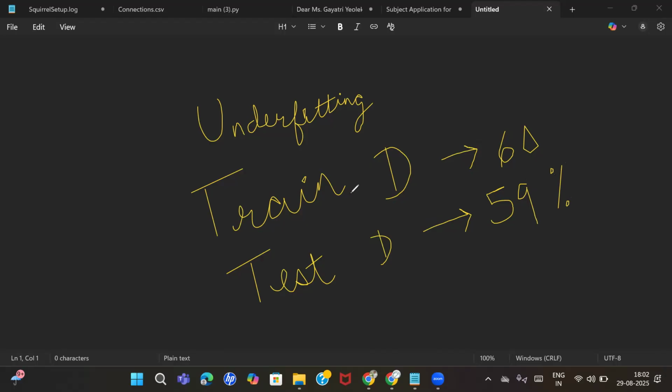What do we call it? In an underfitting model, what happens? You can see training. I have told you whenever there is the word train data, you should use bias, so you have written bias here. And whenever there is test, you have written variance here.